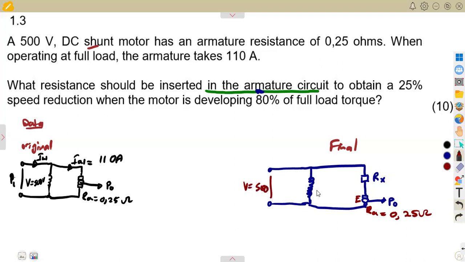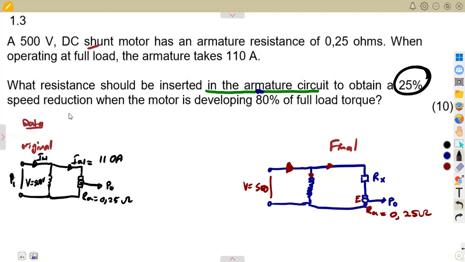We do not have the field part. We do not have the load part. We do not even have the armature current at the end. So this is what we are given. All right. So they are saying that we are going to obtain a 25% speed reduction, meaning the speed is reduced by 25%.